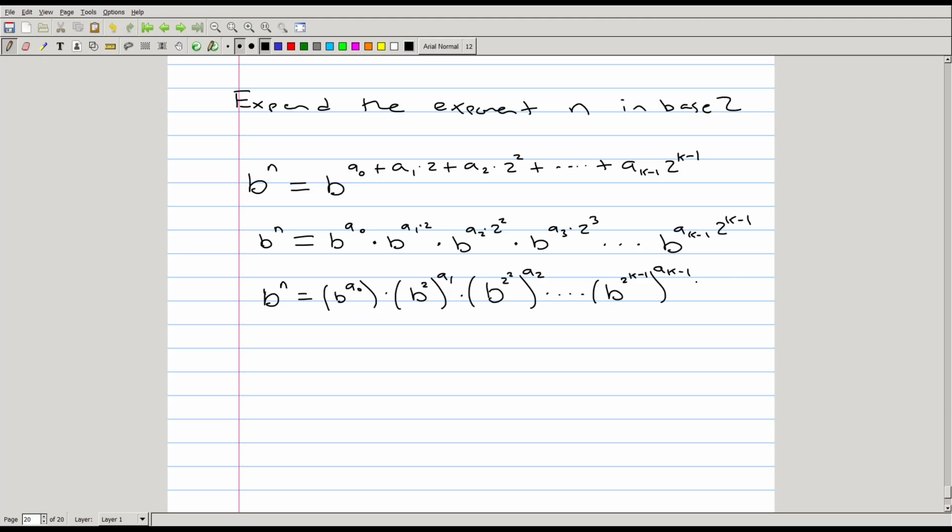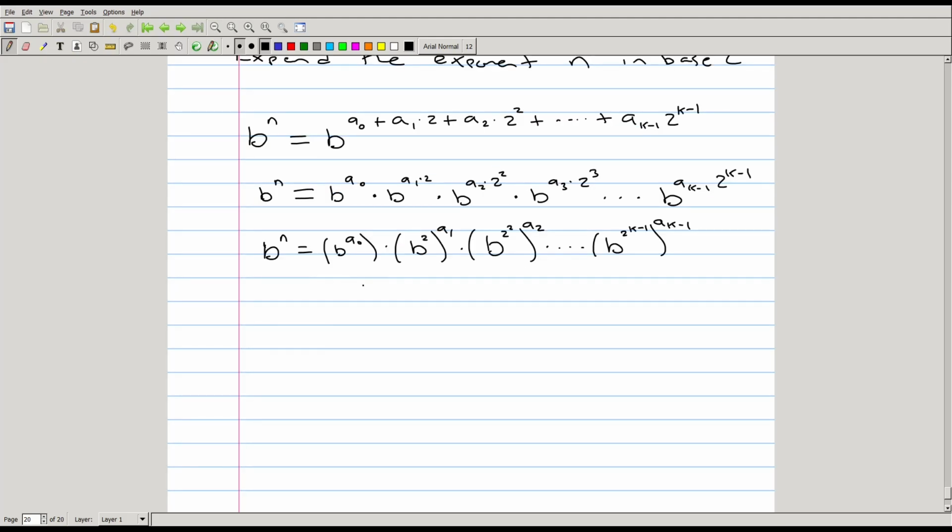And now what's important here is that you remember that if we're in base 2, each value ai is going to be either 0 or 1, because ai is an integer.